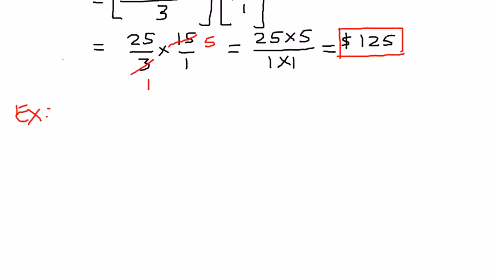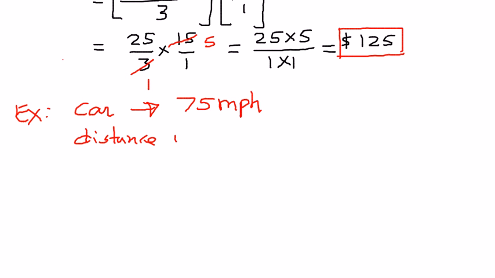Let's say you're traveling in your car at, let's say, 75 mph, which means miles per hour, 75 miles per hour. How much distance did you cover in 3.5 hours? So this is the question we have.